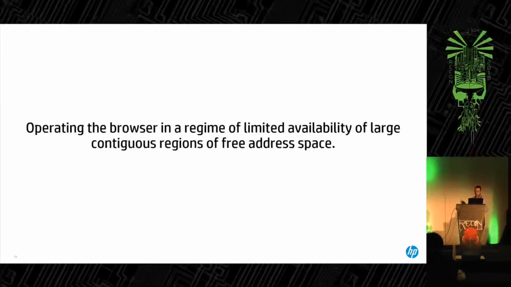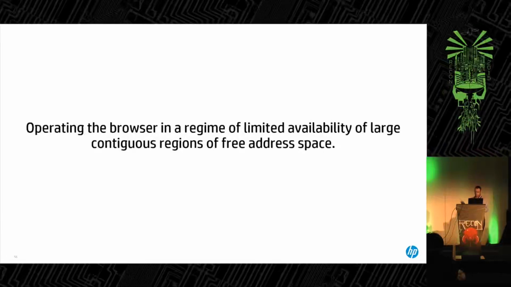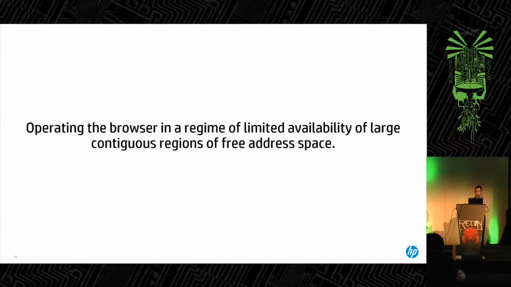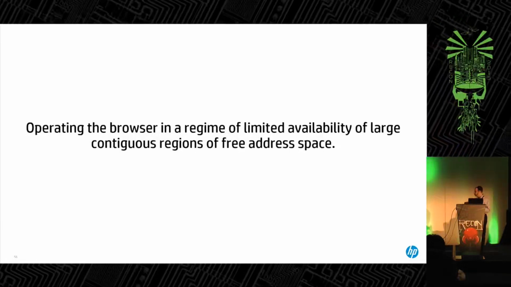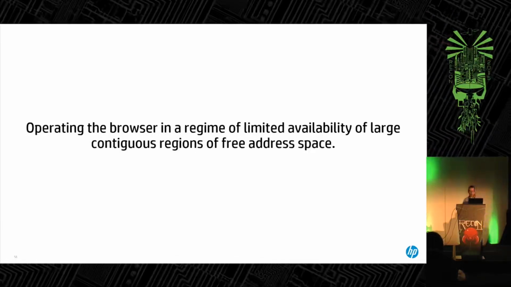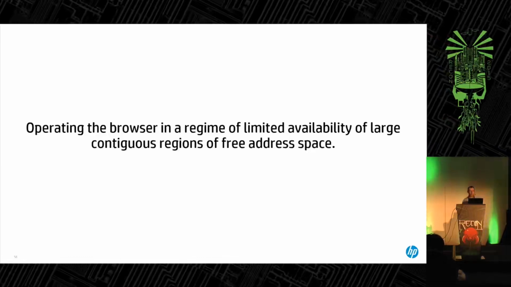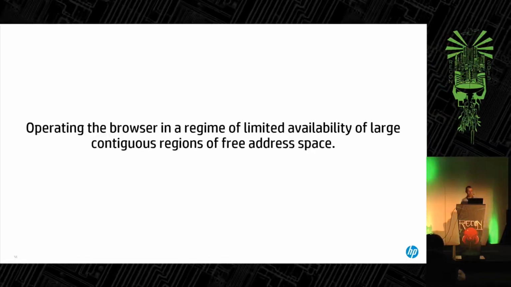So now I'm going to go back to this idea just one more time. When we operate the browser in a regime of limited availability of contiguous regions of free address space, the new possibilities that arise can be quite interesting, and actually it is going to lead us to what we can do next.